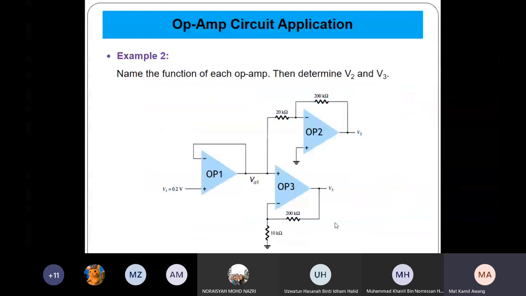Example number 2. Name the function of each op-amp. What is OP1? Unity amplifier. What is OP2? Inverting. What is OP3? Non-inverting. Now, find V2 and V3.